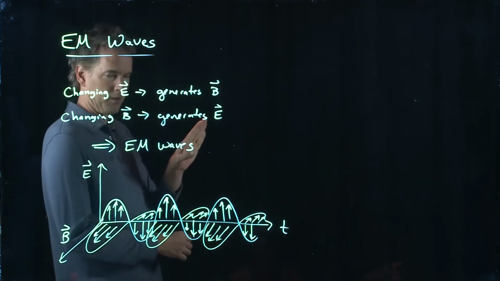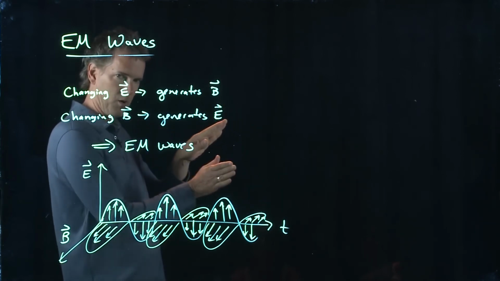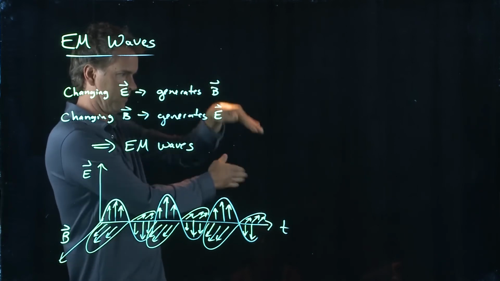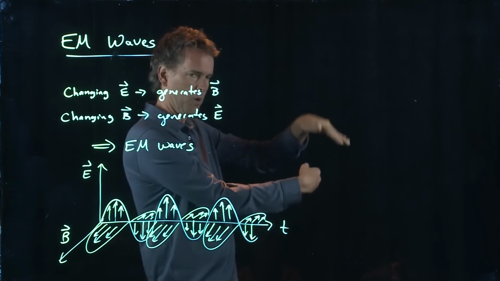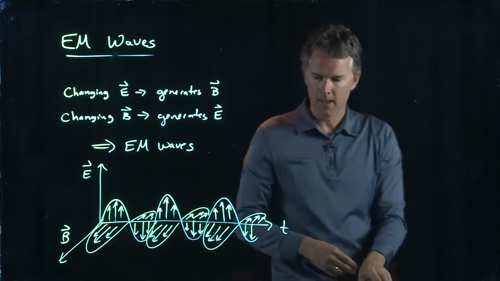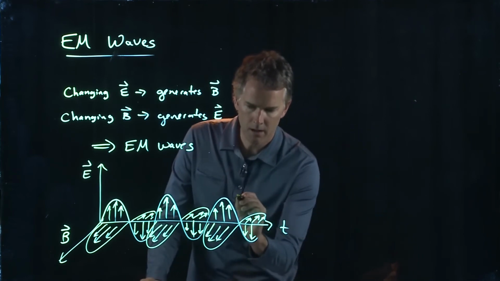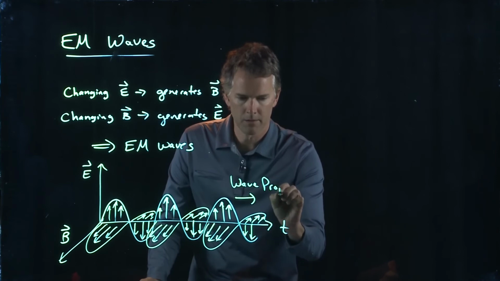E field is going up and down. B field is going in and out. And so they're sort of doing this. It's like two fish swimming along, one going up and down, one going left and right. And as this happens, this entire thing propagates to the right.